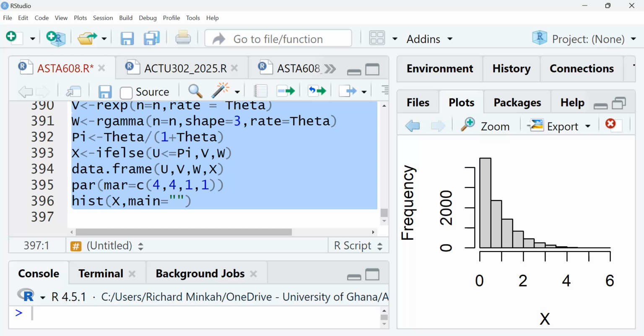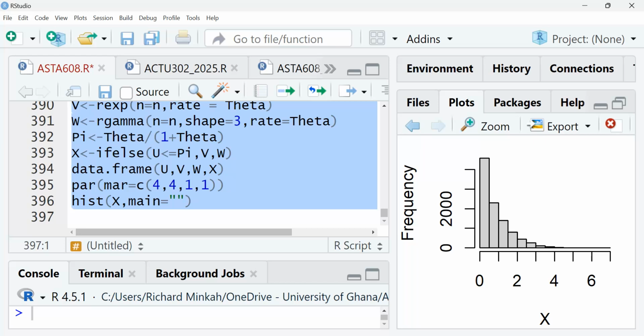There it is. So when theta is small, it actually chooses more observations from the exponential.